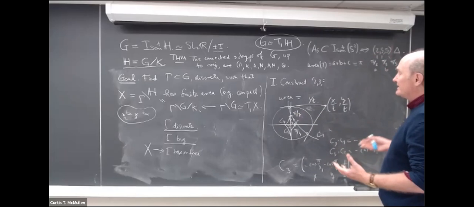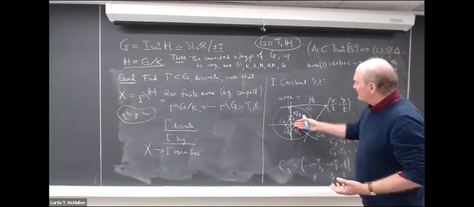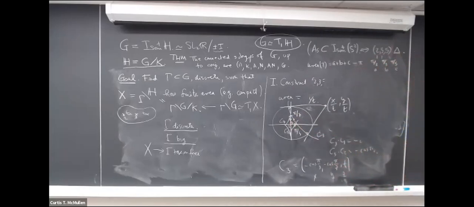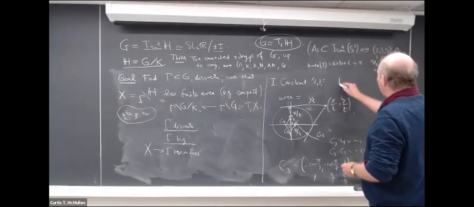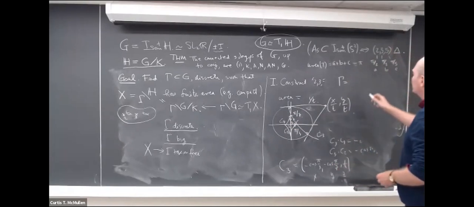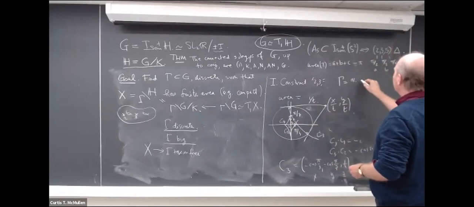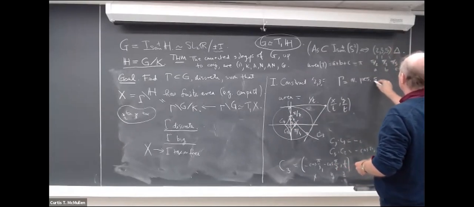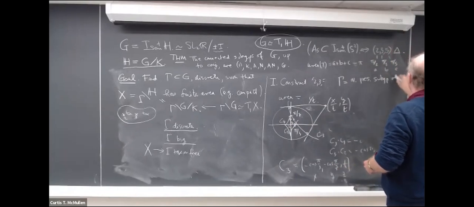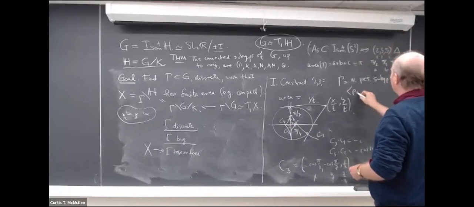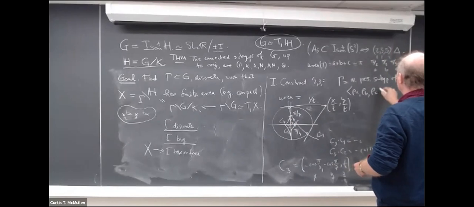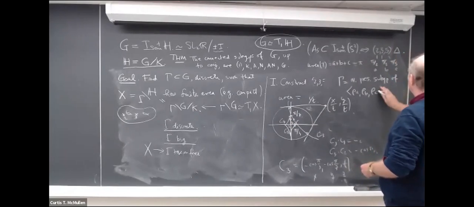What group is it? It is, in fact, the orientation-preserving subgroup of the reflection group generated by this triangle. So we then can let gamma be equal to the orientation-preserving subgroup of the group generated by reflections in the three sides of this triangle.